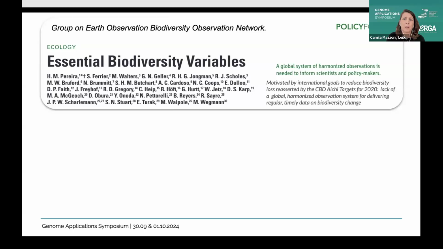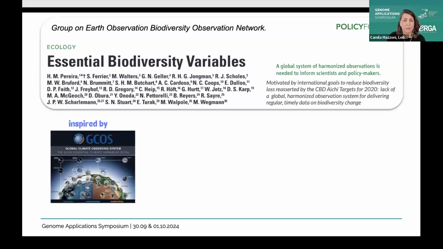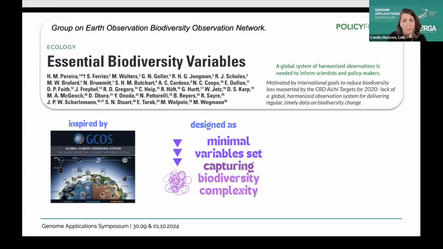So this group came up with these essential biodiversity variables, inspired by the essential climate variables that help in the implementation of the global climate observing system. These variables, the ECVs, are apparently very useful and very successful in helping in the implementation of actions against the problems that climate change brings to us.